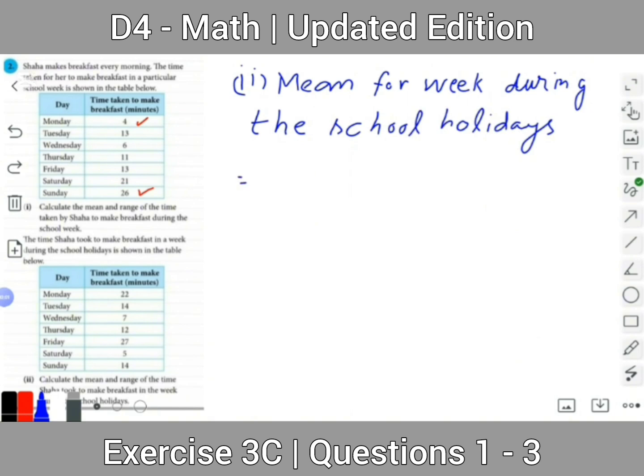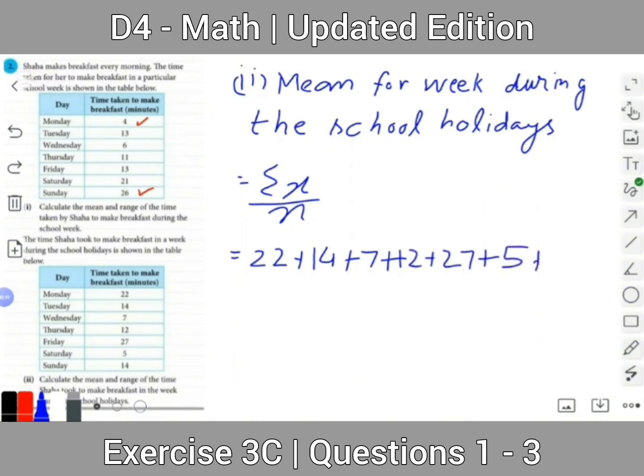So here we have the formula summation x over n. Now we will write down the data values. Those are 22 plus 14 plus 7 plus 12 plus 27 plus 5 plus 14, and divided by 7, because the total frequency is equal to 7.